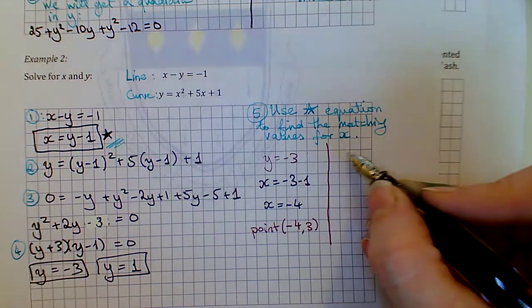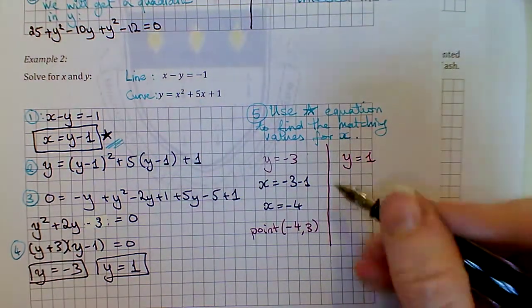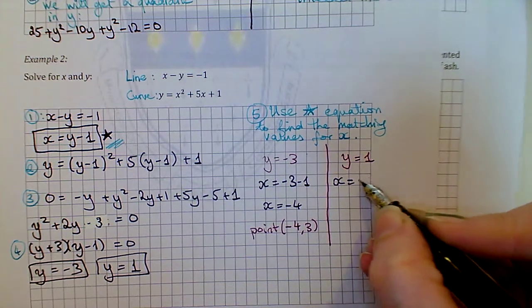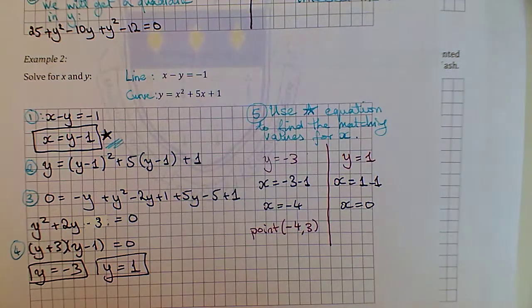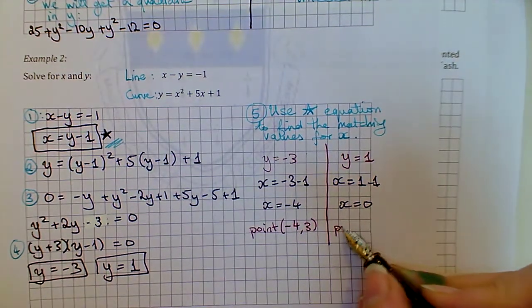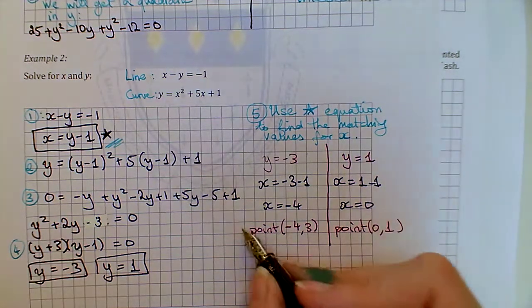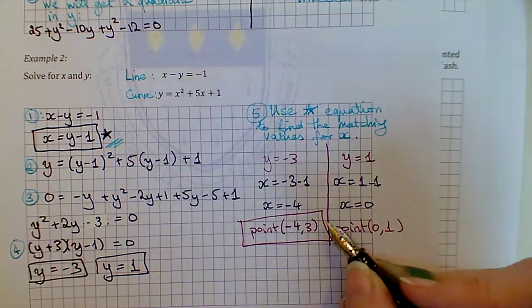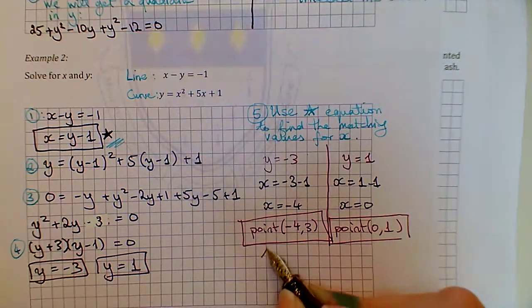The other one I'm going to use is when y is equal to 1, x is equal to y minus 1, so x is equal to 1 minus 1, x is equal to 0. So we also have the point 0, 1. And those are my answers. Those are the points of intersection of this line and this curve.